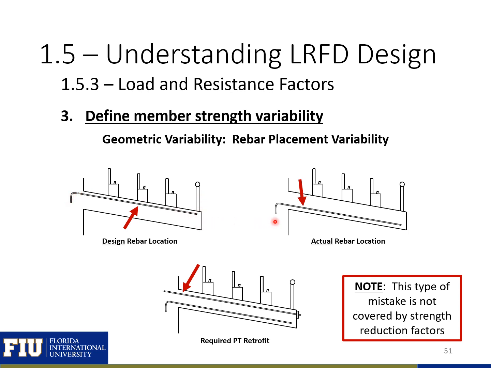The contractor placed the reinforcement at the bottom of the section because it was easier for him to build. And the section had some cracking that occurred at the top, so they had to go back and retrofit with some post-tensioning in the top. So this type of mistake is not covered by our strength reduction factors.